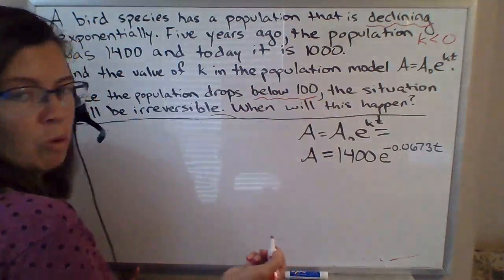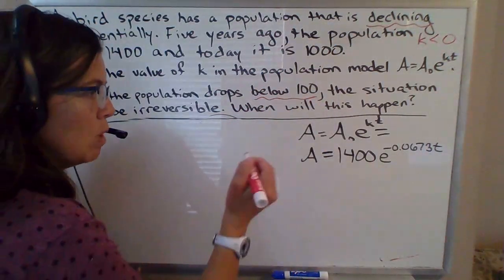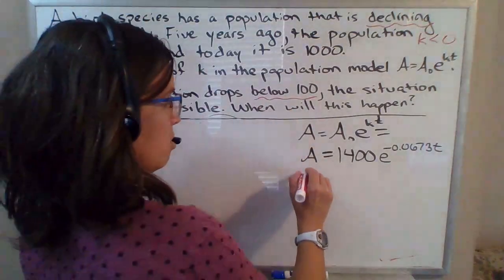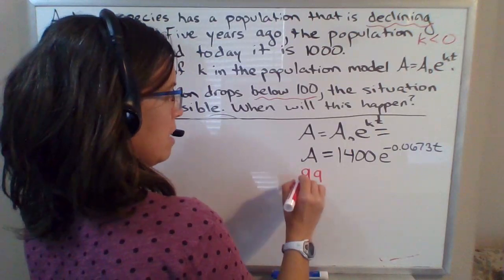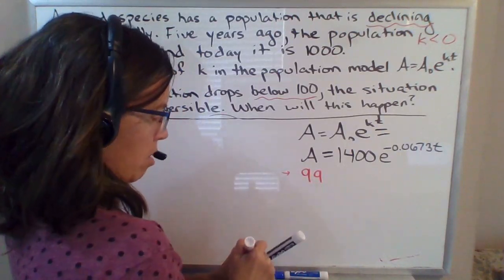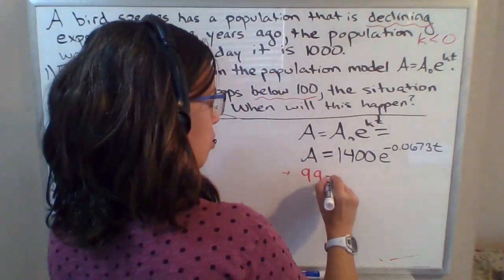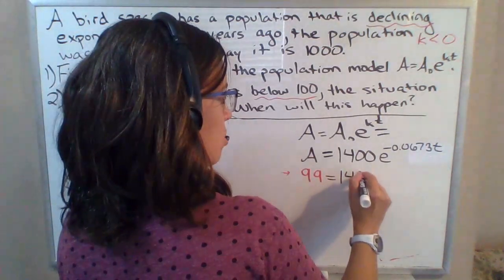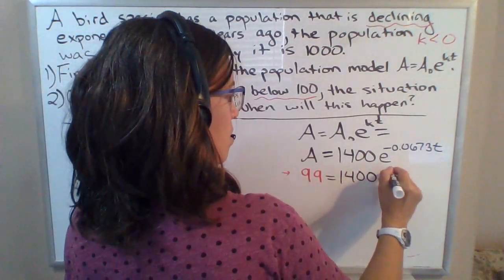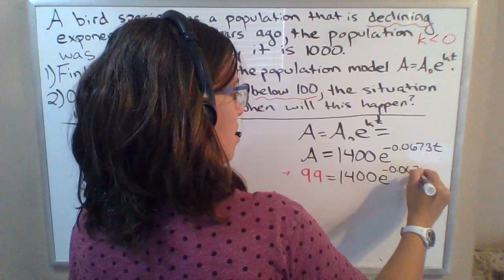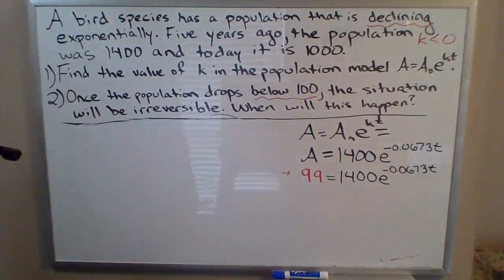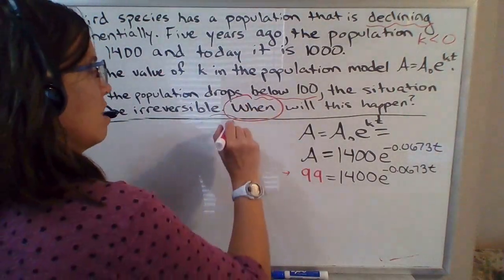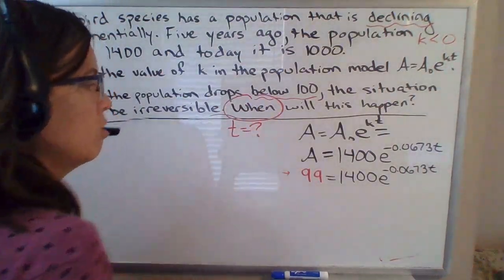So I suppose that means that we want to find, okay, so when does it drop below 100, so to 99? I'm going to put 99 for A here. So 99 equals, set it equal to our population model, 1400 e to the negative 0.0673t, and now we want to solve that equation for t, find out when that happens. Any question that's asking you when is asking you to solve for time t.